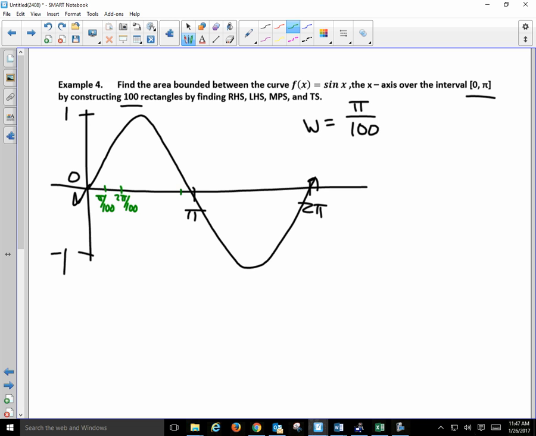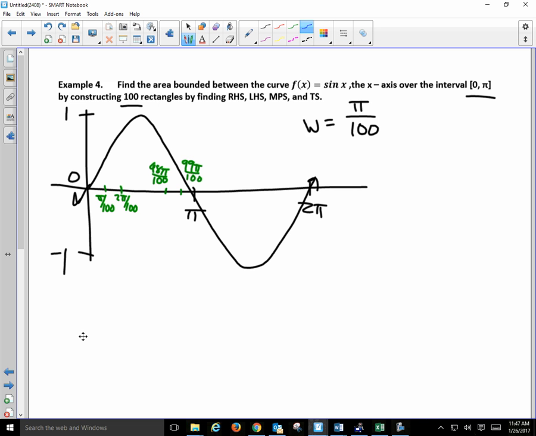What would be just short of pi? 99 pi over 100, how about before that? Right. And so we see it's not to scale, but as long as I could draw the first few and the last few, that's going to be enough to really help me out. And here's how we add up the 100 rectangles.